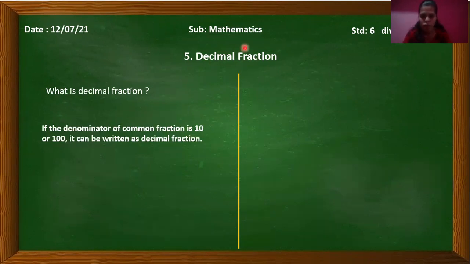So we can say a decimal fraction is a fraction where the denominator of common fraction is 10 or 100. So you can see the example, that is 21 upon 10, where you can see the denominator is 10. The next is 56 upon 100. The denominator is 100. So you can see here, right?